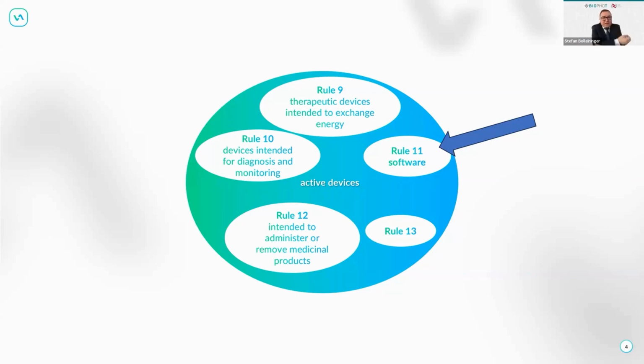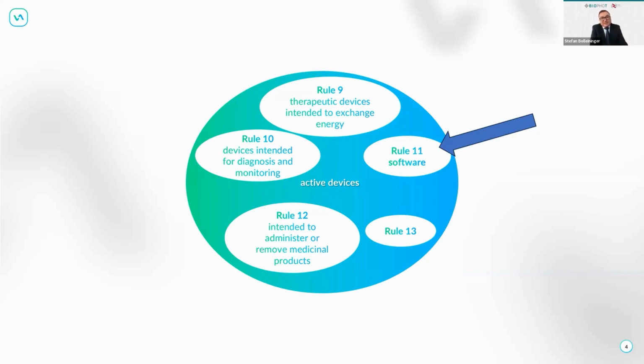So formerly, if your software was not directly connected to another electrical medical device which is therapeutic or diagnostic or removes or administers a medicinal product, then it was always class 1. If you are in that relation, you get into a higher classification, like diagnosis software for CT, MR, or controlling software for dialysis machines, which go into a higher class.